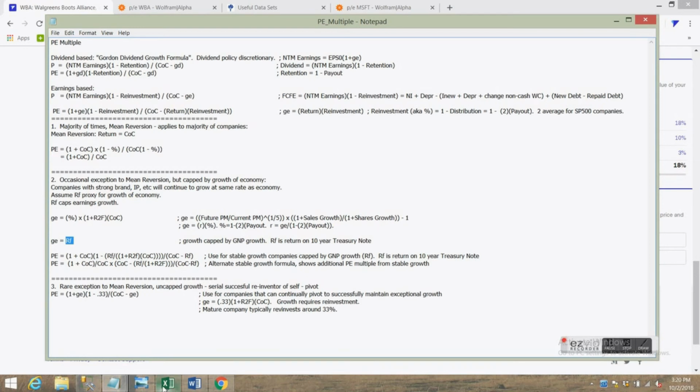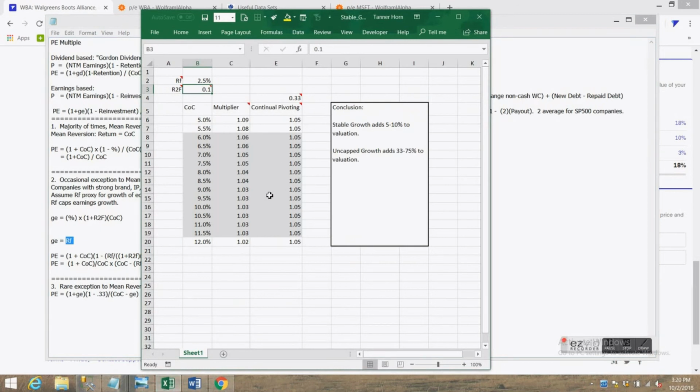Well, another way to look at this is through this spreadsheet that I've created, where we look at different costs of capital and then what the typical multiplier is, if you were to have, in this case, just 1% of additional return on capital over the cost of capital, what kind of multiplier would it have on the PE?